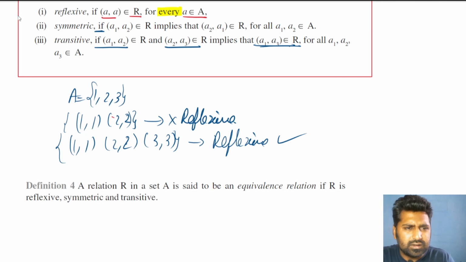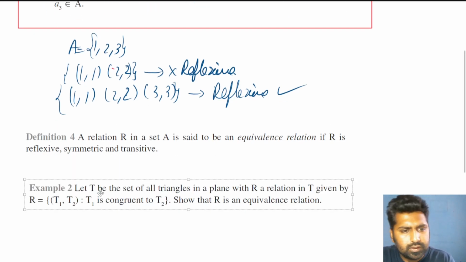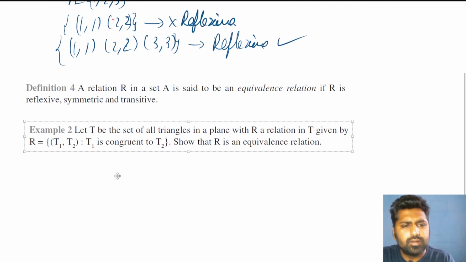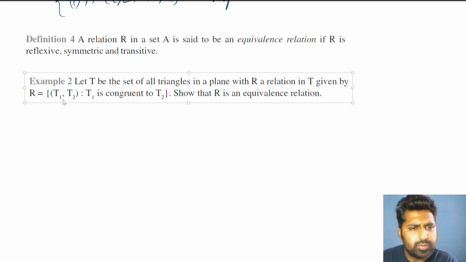Now let's see from a theoretical aspect what is the meaning of this. Again, a theoretical kind of question is saying: let T be the set of triangles in a plane, with relation R given in T by R = {(T1, T2) : T1 is congruent to T2}. How do we read this?